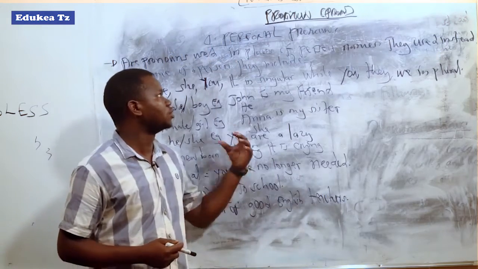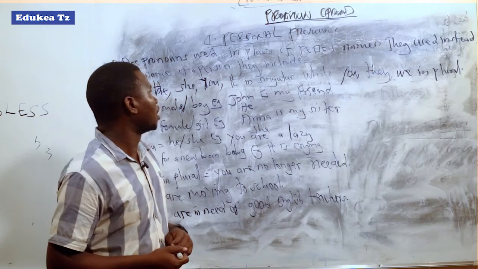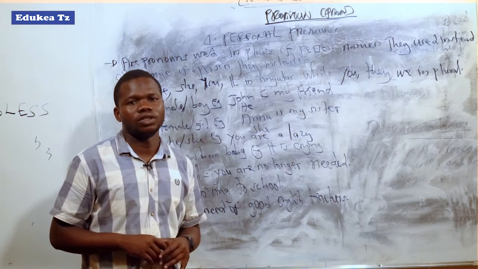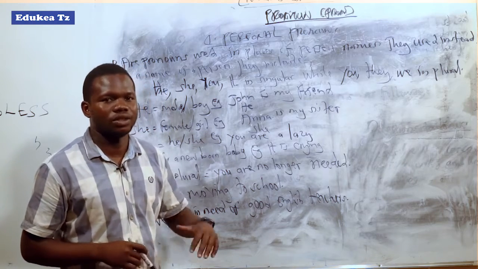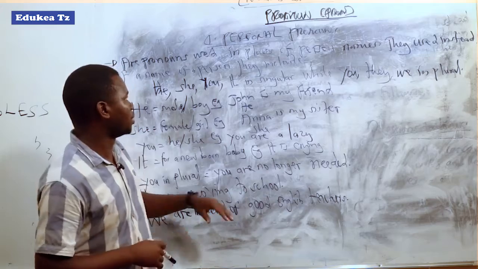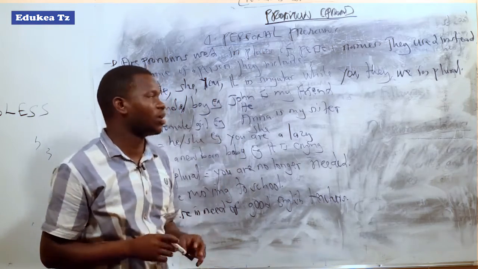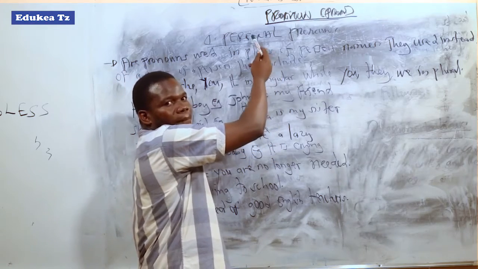Yes, as we saw, pronouns are a word class, words which are used instead of nouns or in place of nouns. Let us now discuss those types of pronouns, starting with the personal pronouns. As the name itself says, personal is about a person.